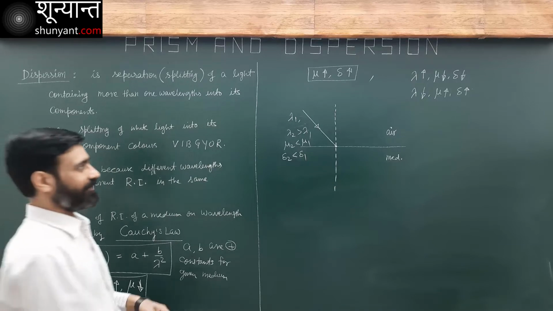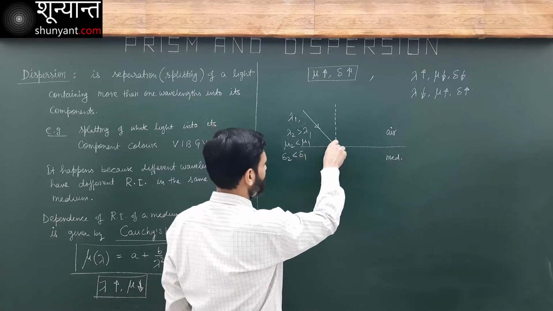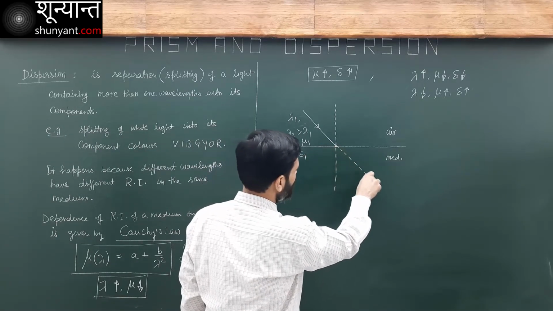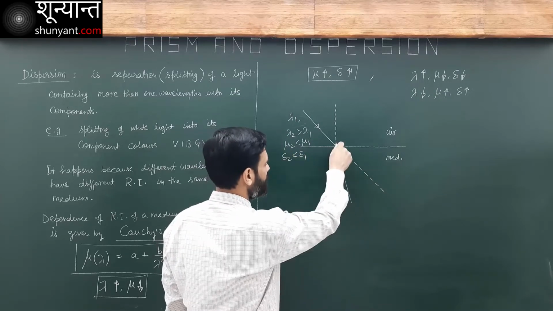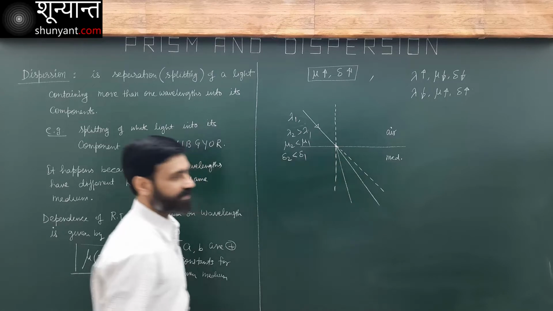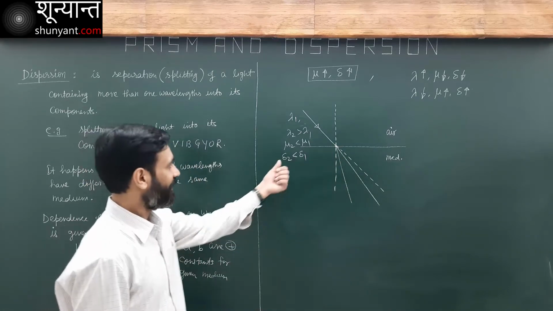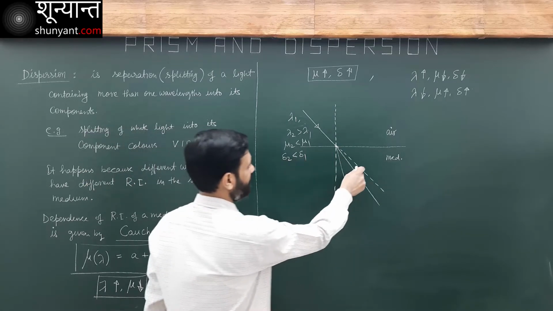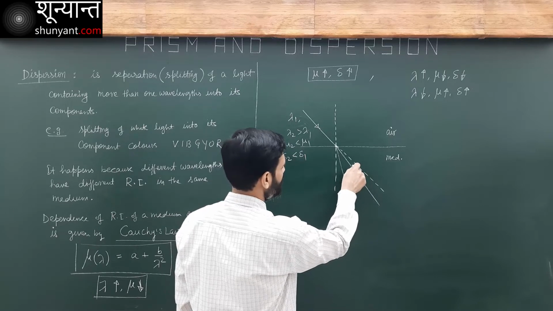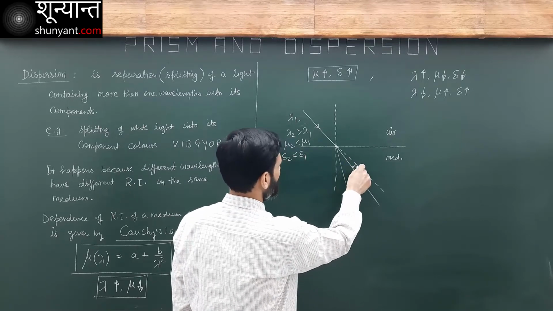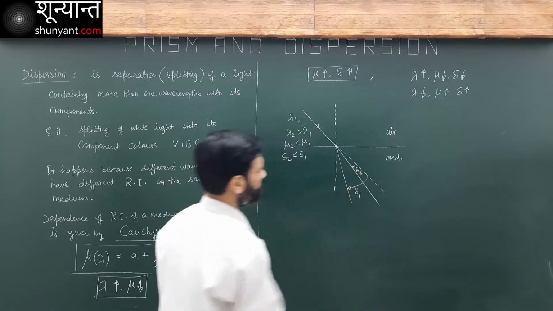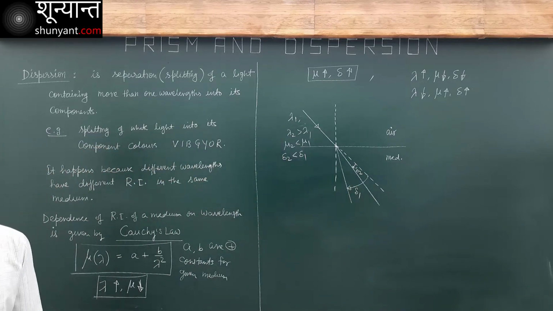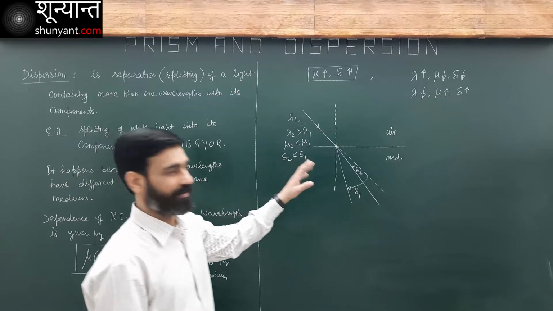This is the original path for both wavelengths. The moment they enter this medium, they are separated. Now there is going to be a different deviation in both. Lambda 2 is more than lambda 1, so this is going to be lambda 2 and this is going to be lambda 1. The deviation is delta, not lambda.